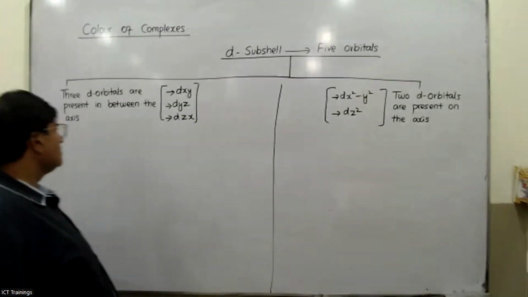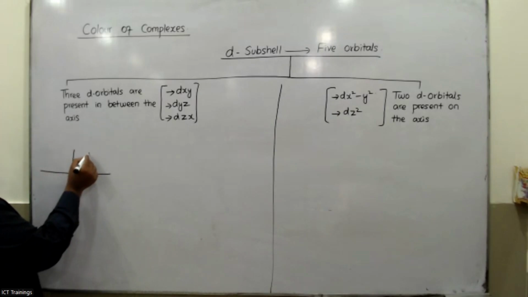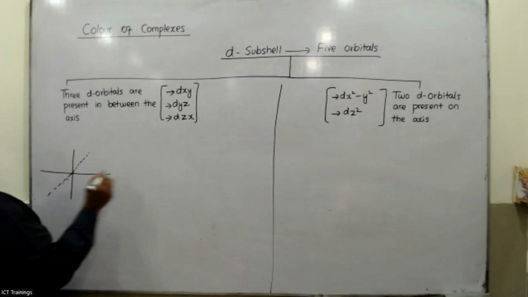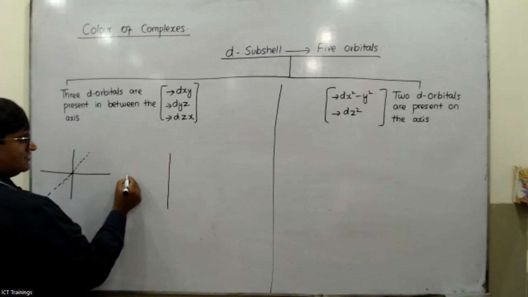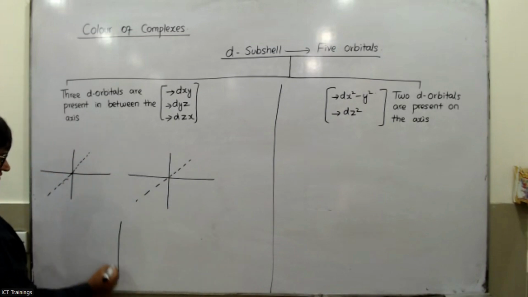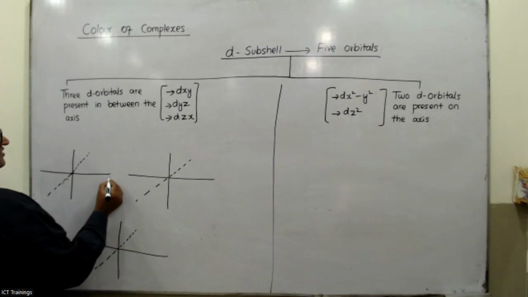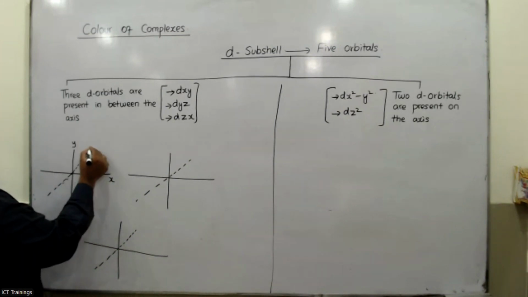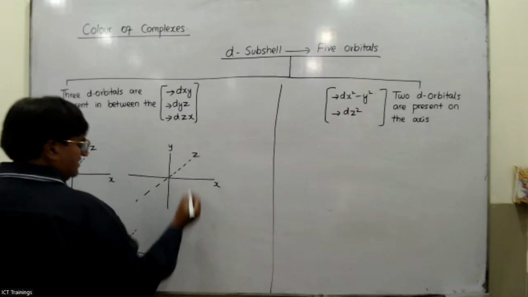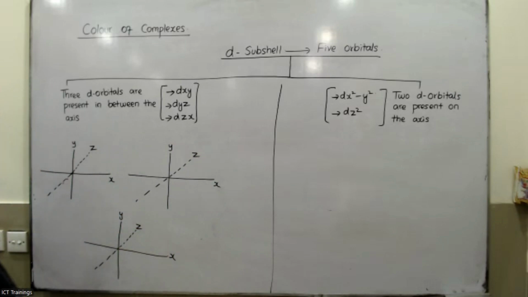Okay, so let me draw these orbitals for you. Have a look up here. Whenever you want to draw any orbital, you should draw the axis first of all. So draw the axis three times. This is x-axis, y-axis, and z-axis.